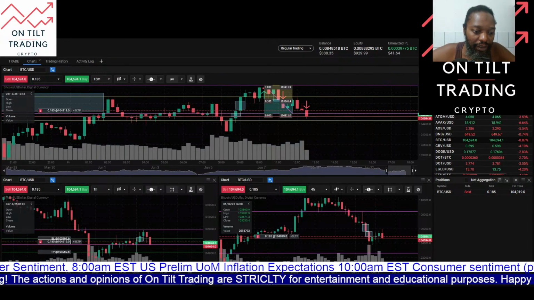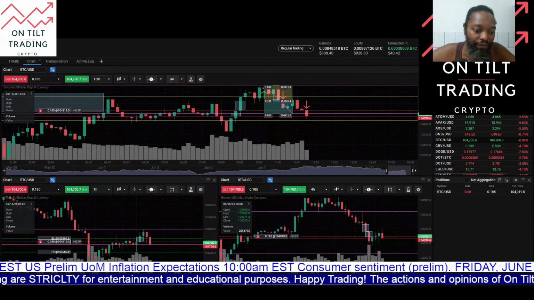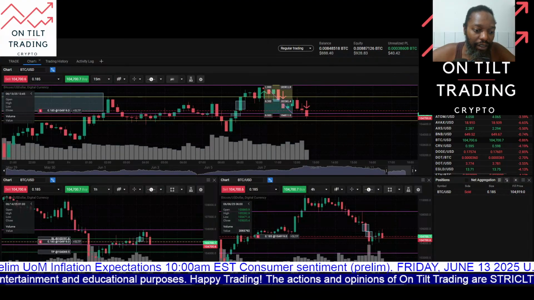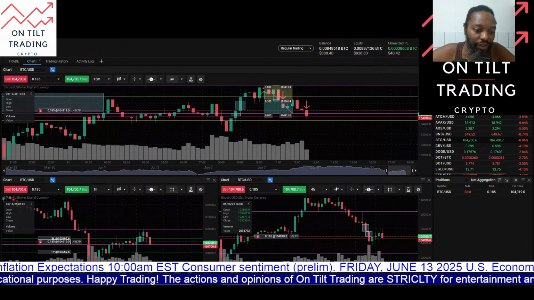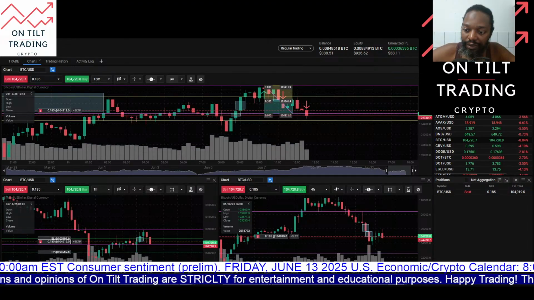Once I take the order off, you'll see that here where the take profit is also where the structural range is currently positioned.